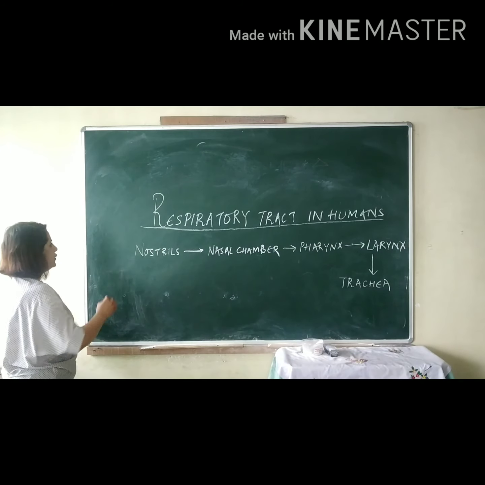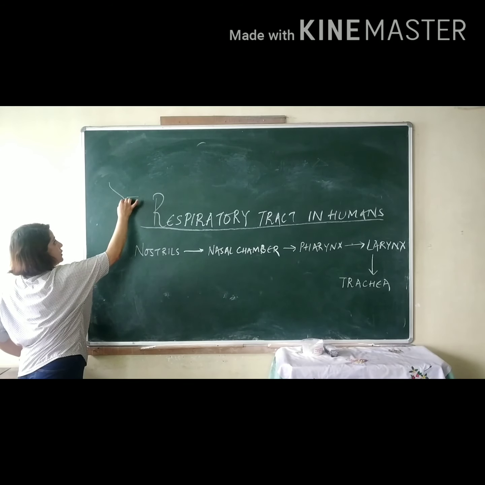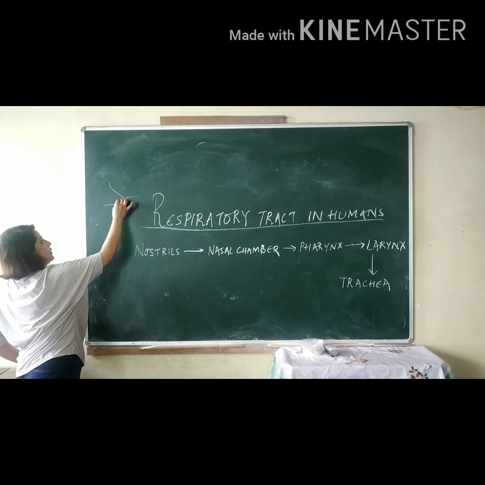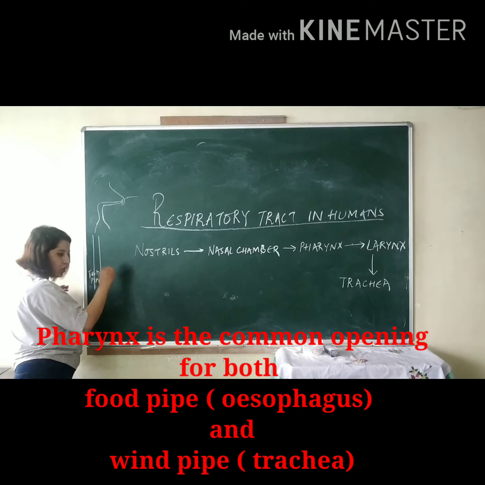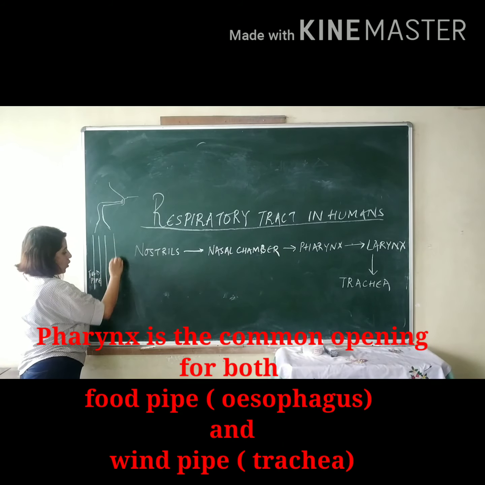Okay, so I will just draw. Air enters through the nostrils, then it passes to the nasal chamber, then from the nasal chamber it reaches the pharynx. The pharynx is a common opening for the food pipe or the esophagus and the windpipe or the trachea.